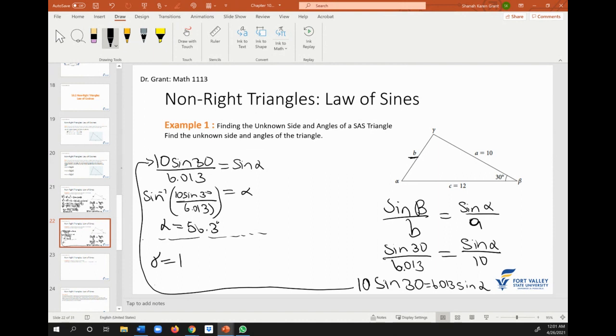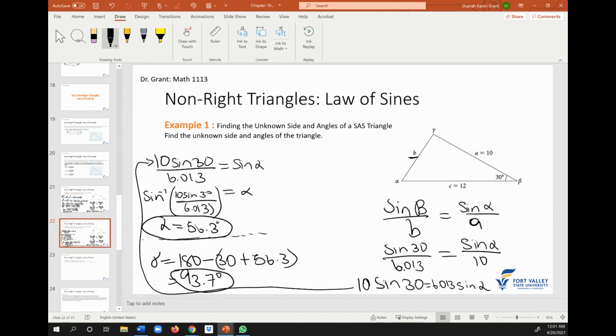So gamma is 180 minus 30 plus 56.3. With this, gamma is going to be 93.7 degrees.